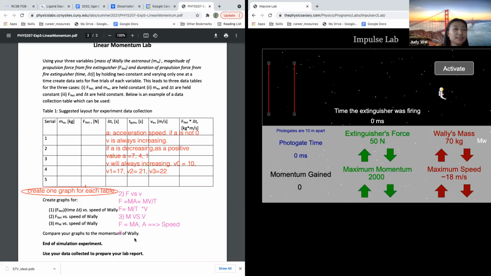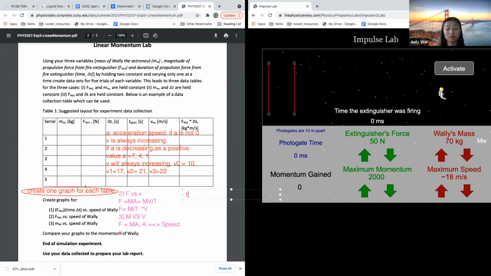So how do you compare your graph to the momentum value? What we can see is from the equation, the first line. Remember the first equation we derived here?